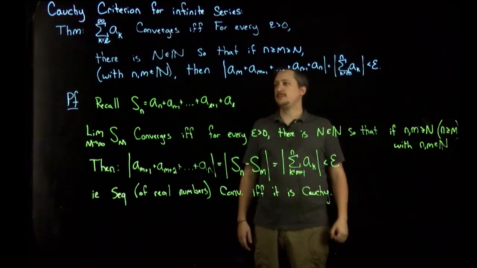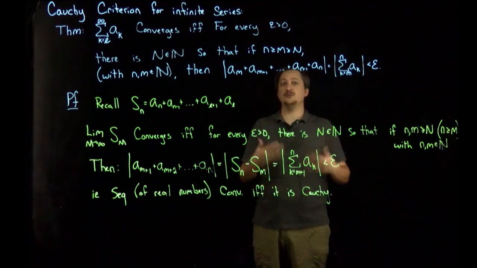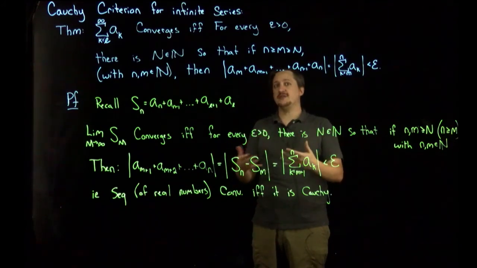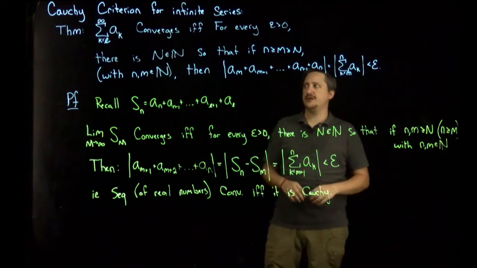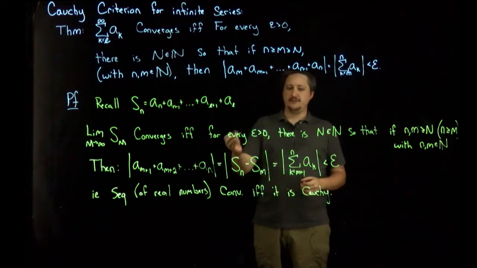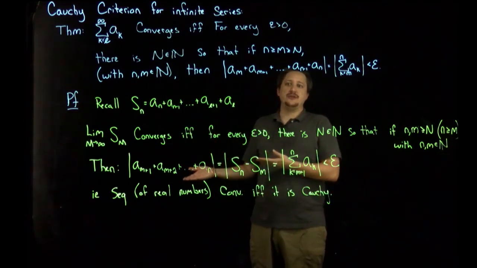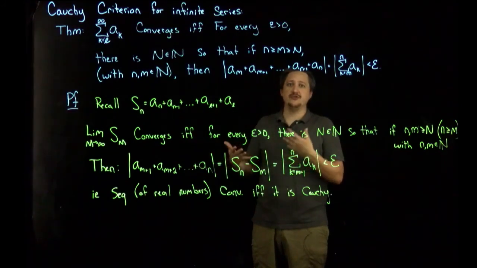Okay? And as a quick historical footnote, as I mentioned in the intro video, Cauchy was the one who did a lot of the work on formalizing the rigorous nature of convergence in series, in doing real valued series, as well as complex valued series and some other stuff. So it's not surprising that he would have not only this criterion that he developed, but that it would be very similar to the notions that he developed in terms of rigorous convergence of sequences.